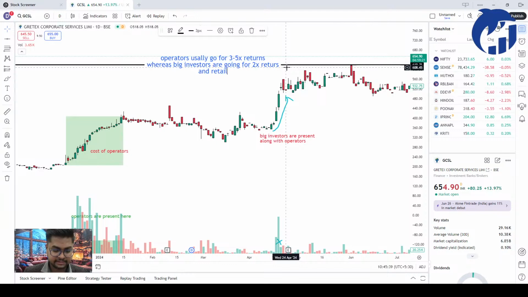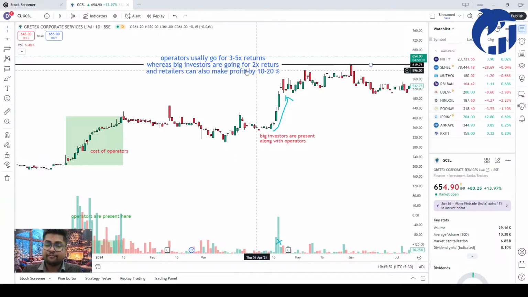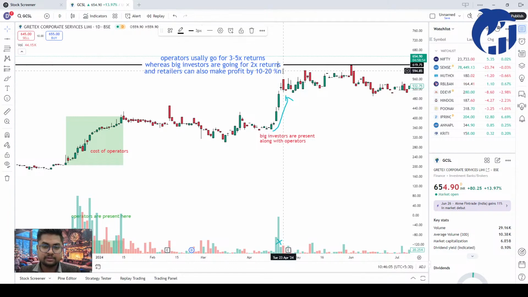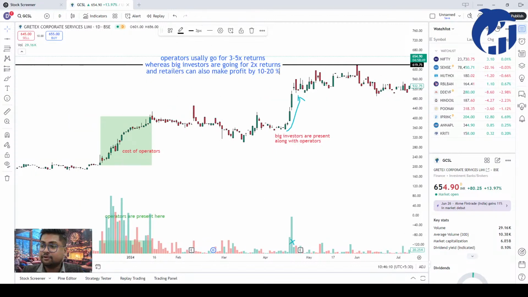Retailers can also make a profit of 10 to 20% by using the news gap we have. I will put the 2x return here because it was wrong. Retailers can also make a profit of 10 to 15%.